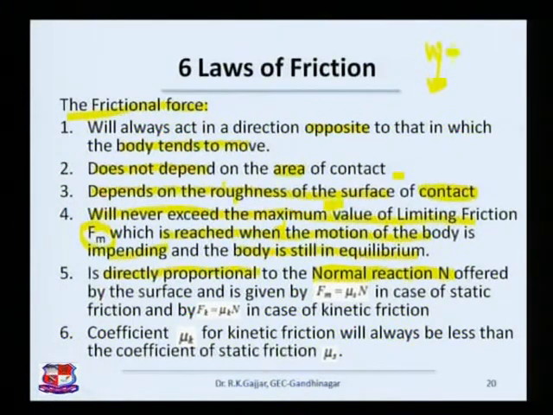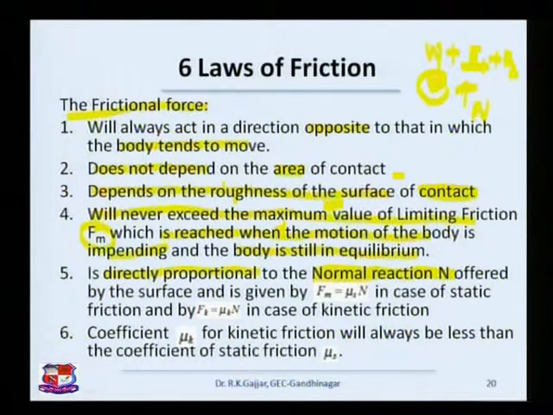It depends on all the other external forces that you are applying in the downward direction or in the upward direction. That is the normal force. Now friction is directly proportional to the normal reaction N.